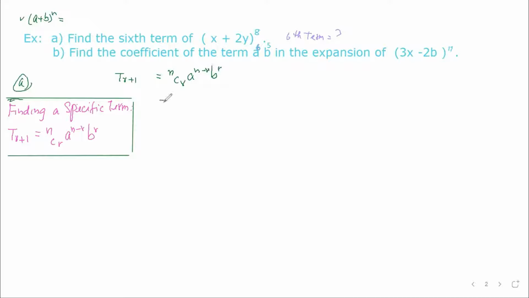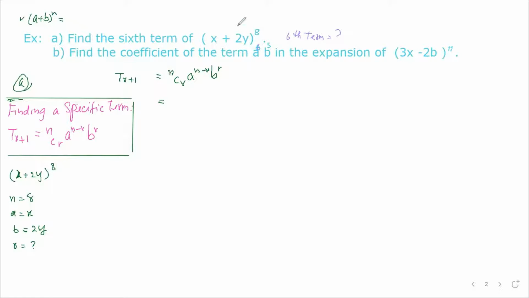Okay. So then in this case, from this question x plus 2y, the whole thing power 8. When we write down n, right now n equal to 8. This is x, right? Then a equal to x. And then b equal to 2y. Right now r is unknown. We have to find out.